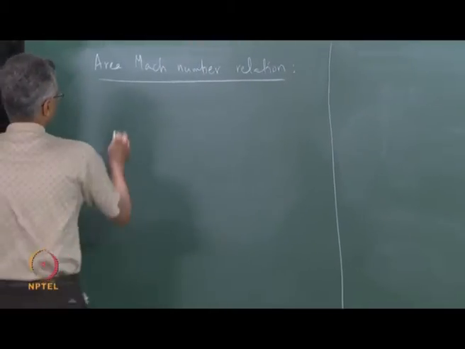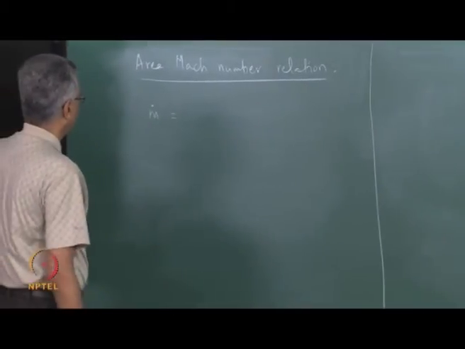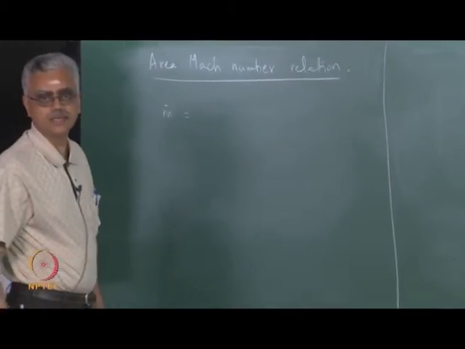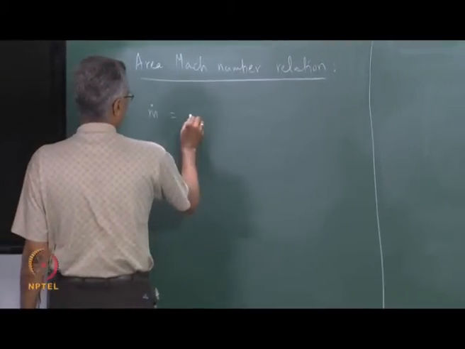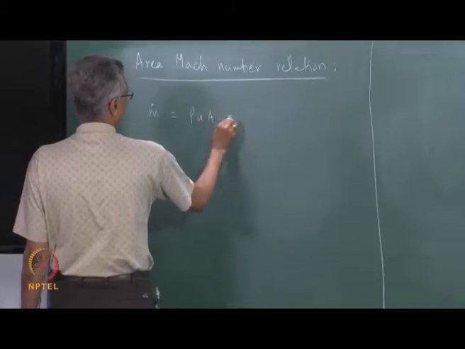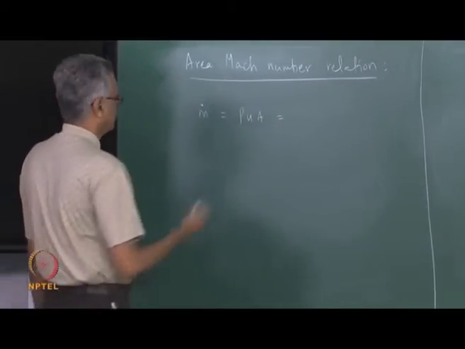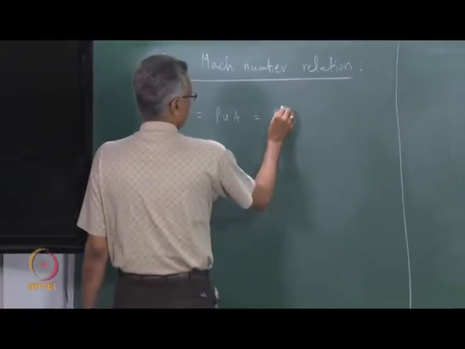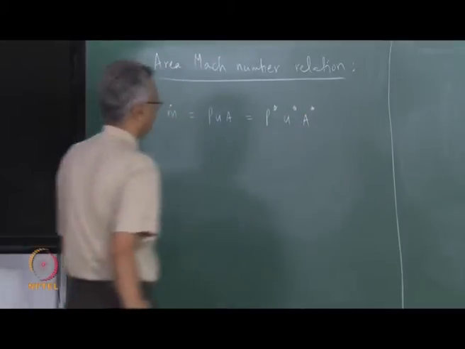So let us assume that a sonic state occurs somewhere in our flow, and we are looking at a flow with a passage whose area of cross section varies. The m dot at any section can be written as rho u A, and assuming that a sonic state exists like I showed in the previous diagram, I can also write this as rho star u star times A star.